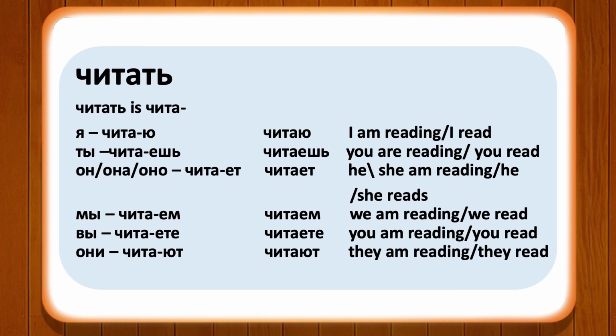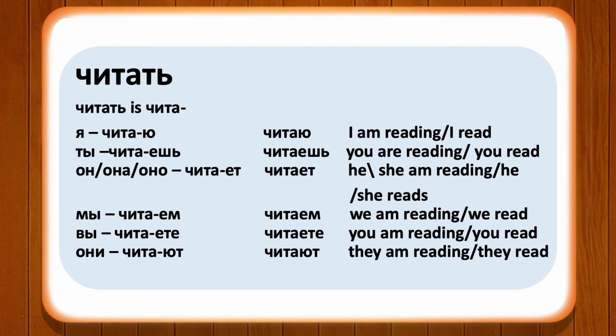The present tense form of this verb can be made by removing the last two letters of this verb, ть, and adding those endings that we have just learned to the stem. So after removing the ending, we get the stem of the verb, which is чита.